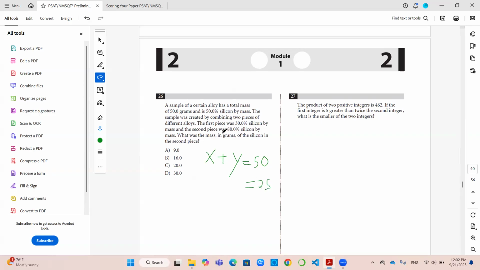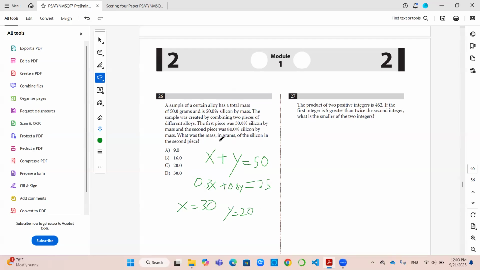That's 25. Now, the first piece was 30% silicon, and the second piece was 80% silicon, okay? Now, if I solve for this, you'll get x is equal to 30 and y is equal to 20, okay?